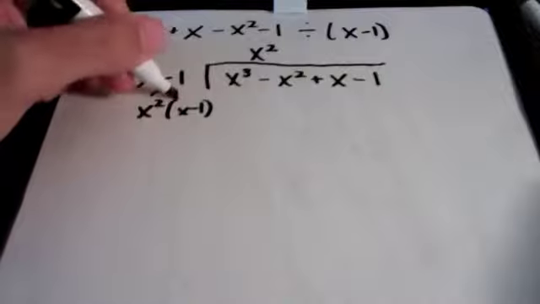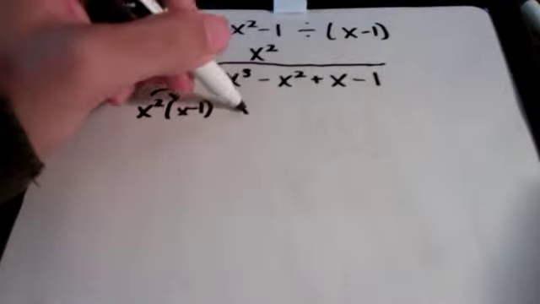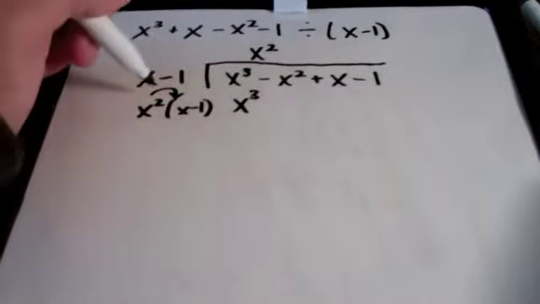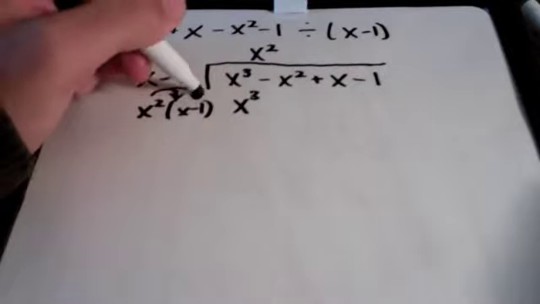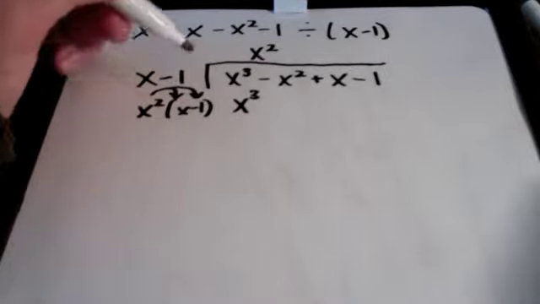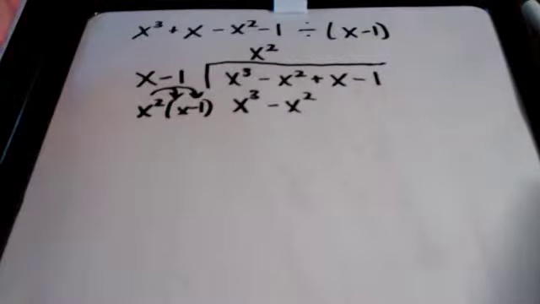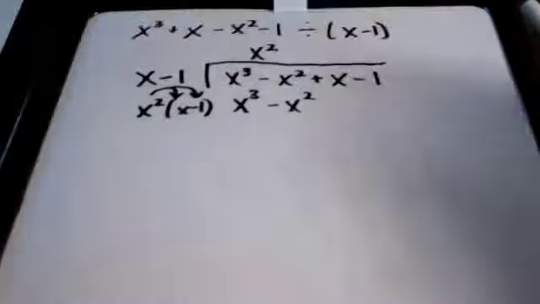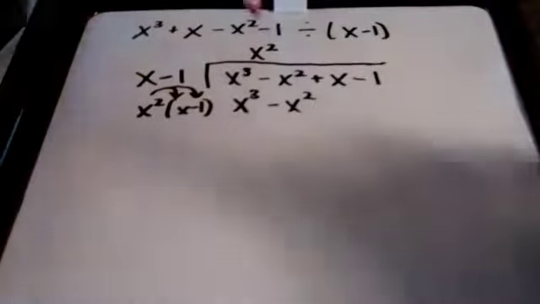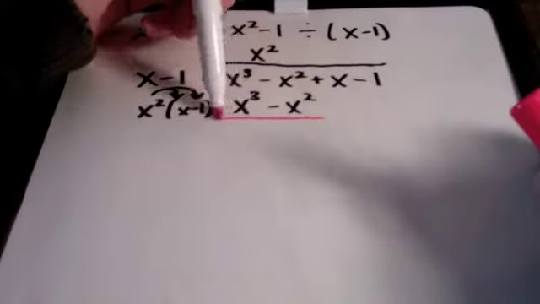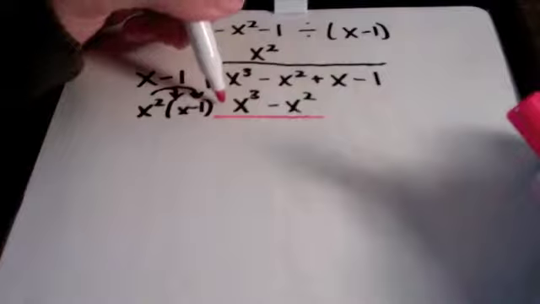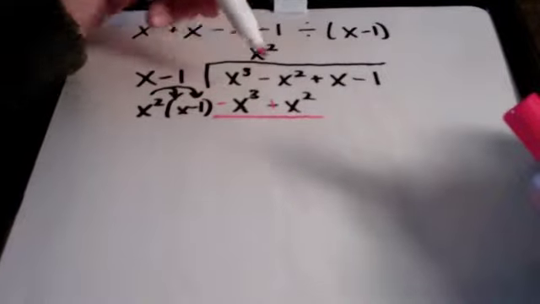Use the distributive property, so this is going to be x cubed, and this is going to be negative 1 times x squared, so minus x squared. Once we get to that part, we stop, we draw a line, and change the sign, so this becomes negative, this becomes positive.